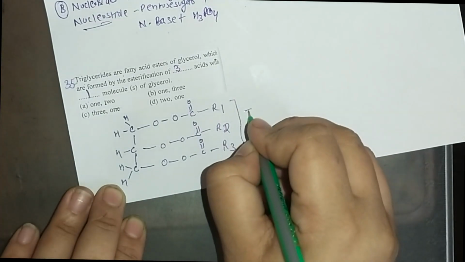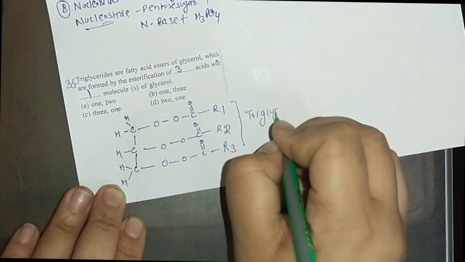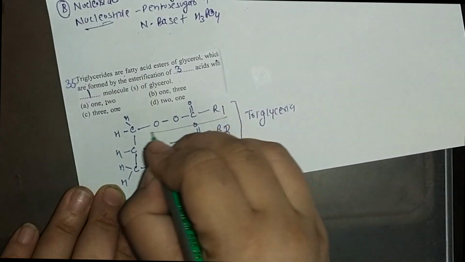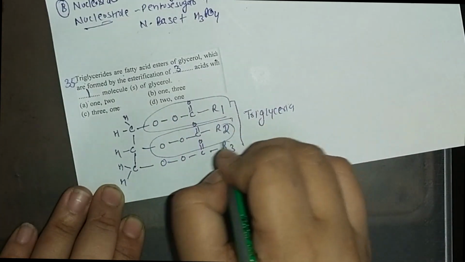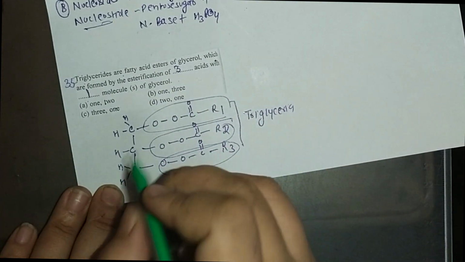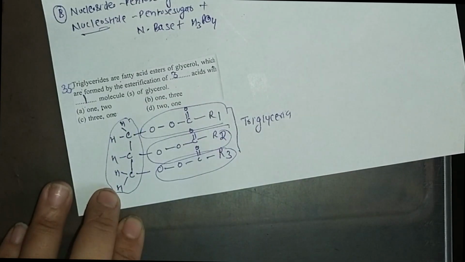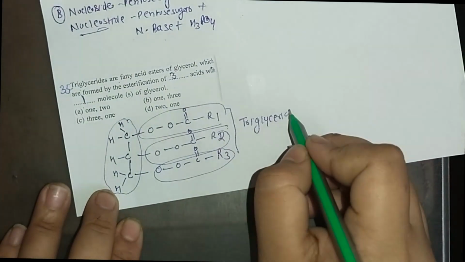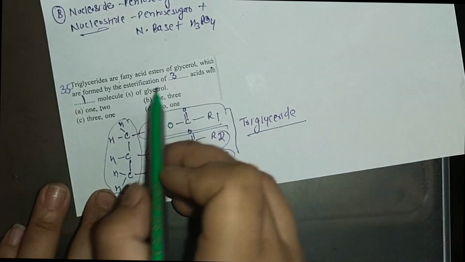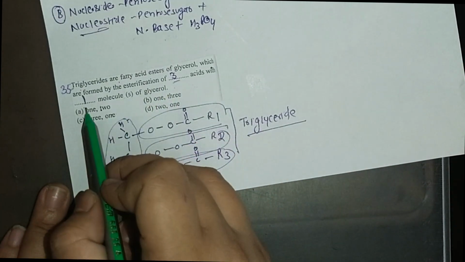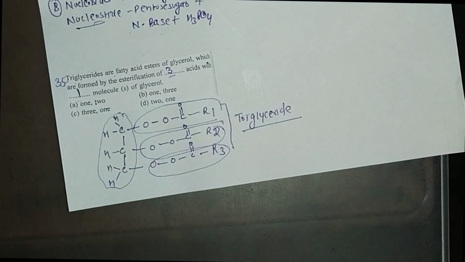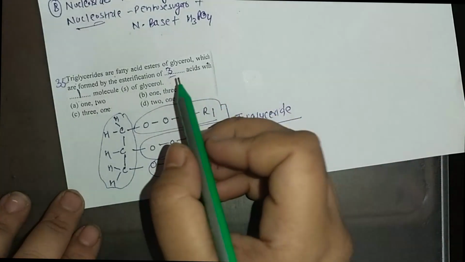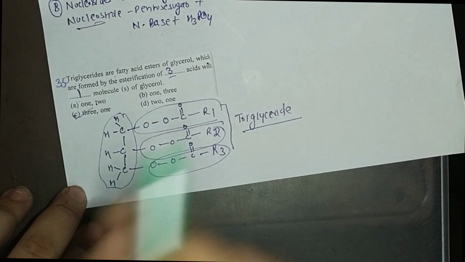This is the structure of a triglyceride. These three R1, R2, R3 are representing fatty acids, and this is the structure of glycerol. So this is a triglyceride, true fat. Here it contains 3 fatty acids and 1 molecule of glycerol. So the correct answer is 3(1)C.